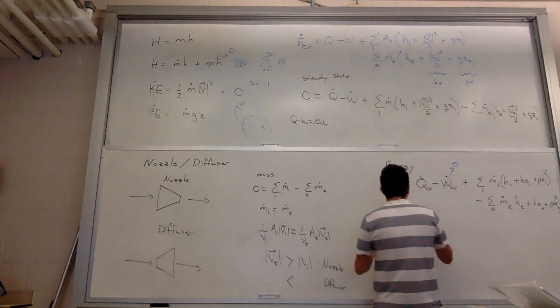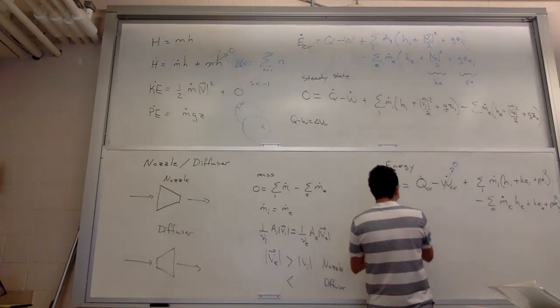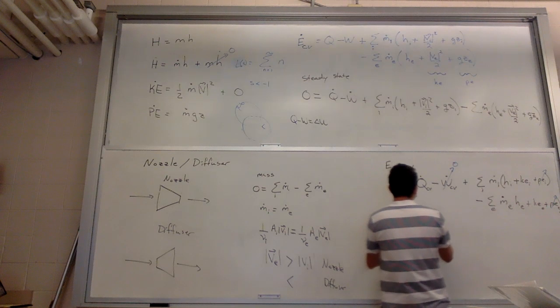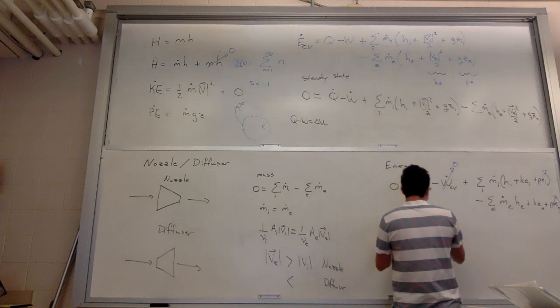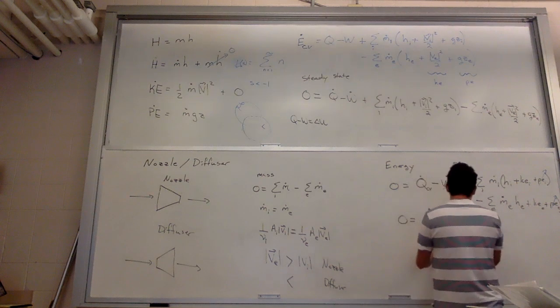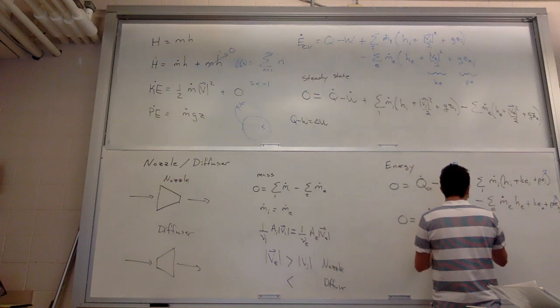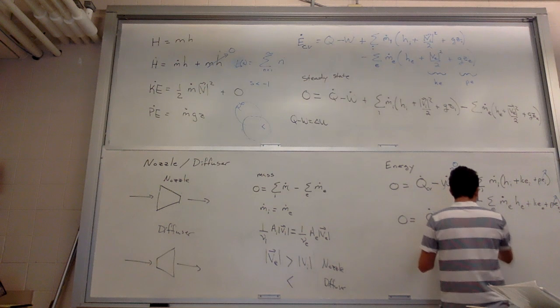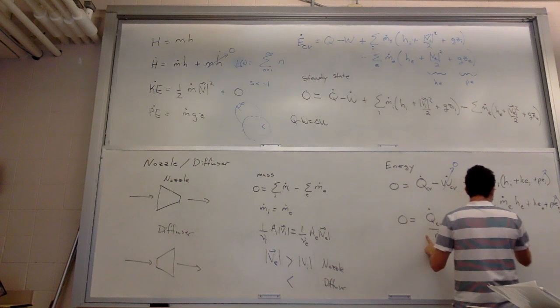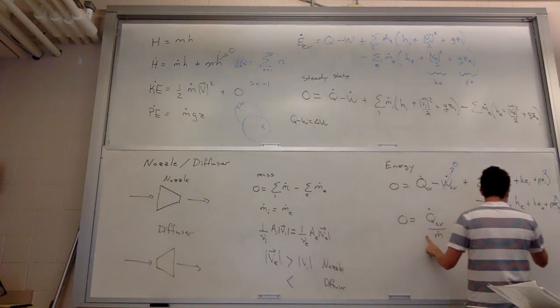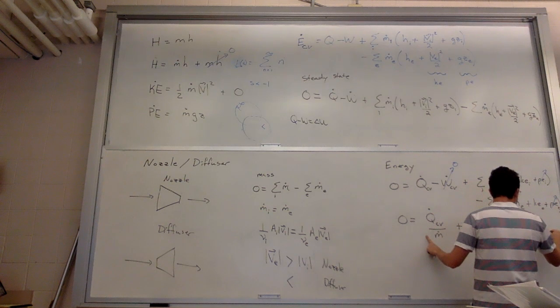So I can write this as follows: 0 equals Q dot CV over m dot plus h in plus KE in minus h exit minus KE exit.